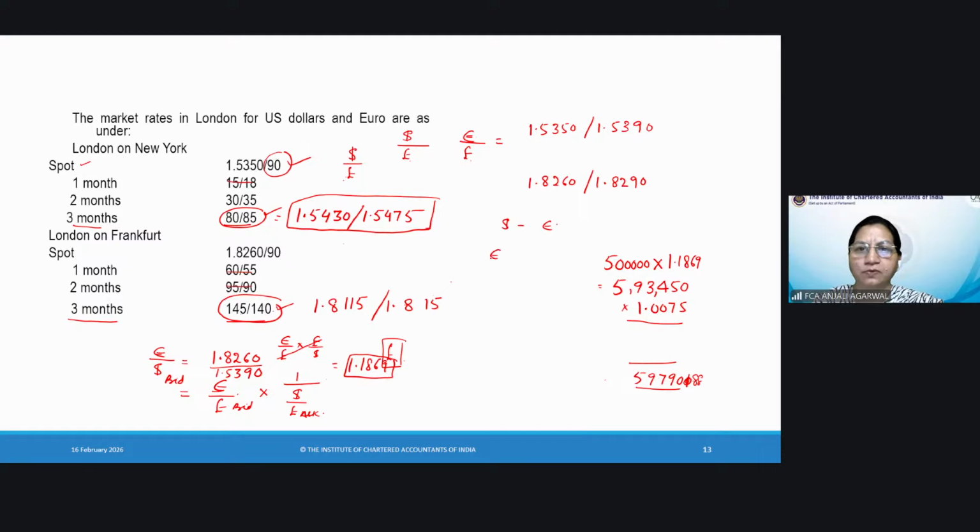So euro by dollar is required. For this, if you have euro by pound multiplied by pound by dollar, you will get euro by dollar. So this is our euro by pound. This is dollar by pound.